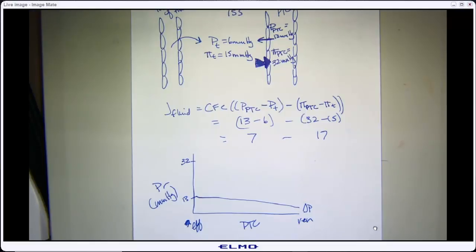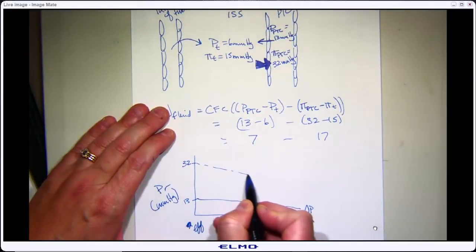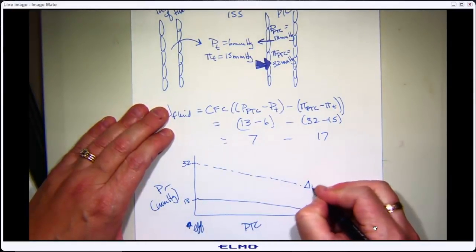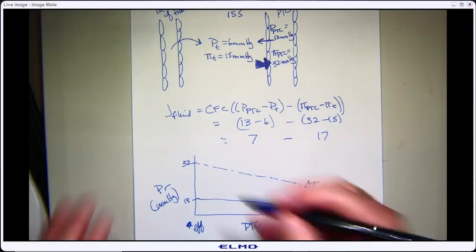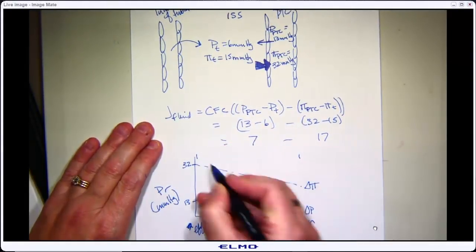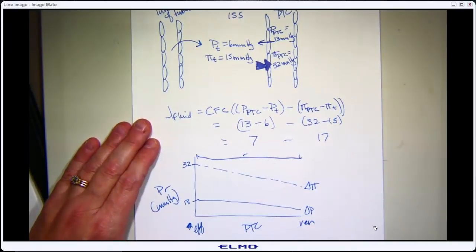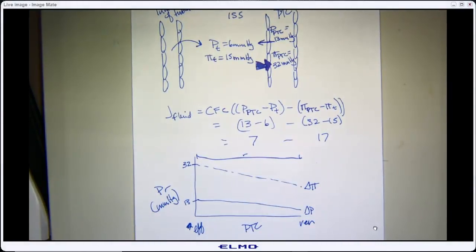So we should fully expect our oncotic pressure to drop as we go. Back down to our normal blood osmolarity. But at no time does delta P ever get greater than delta pi. Delta pi is always greater than delta P. So in the language that we've been talking about before, we would have reabsorption across this entire vascular bed.